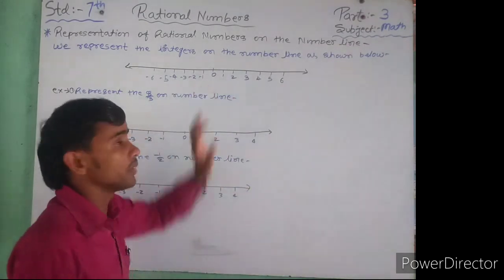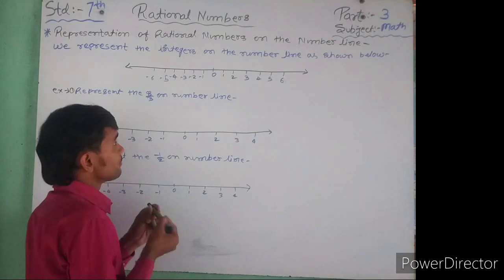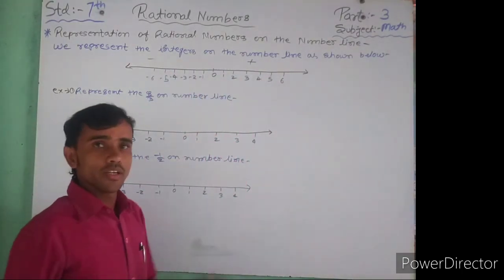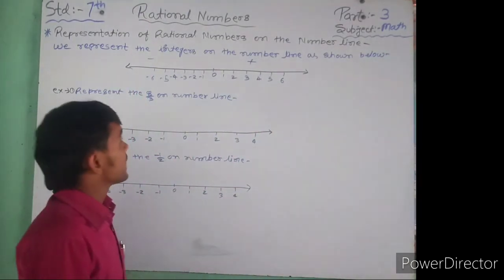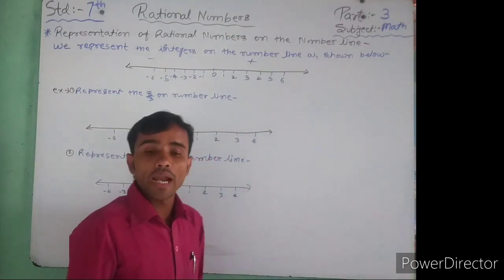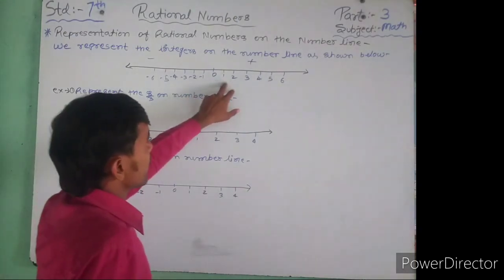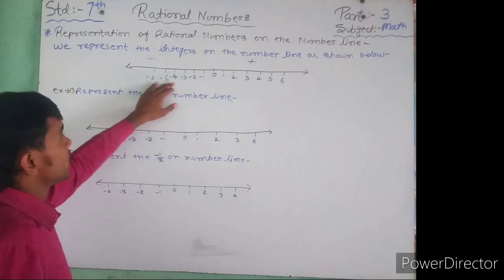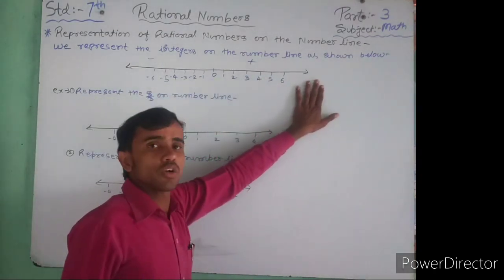One side is positive and the other side is negative. On the positive side you write positive numbers, 1, 2, 3, 4, 5, 6 and so on, and on the negative side negative numbers, -1, -2, -3 and so on. That is the number line.